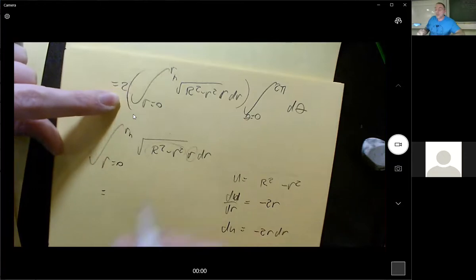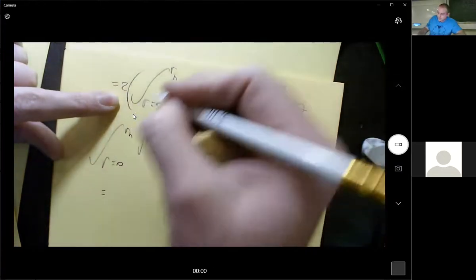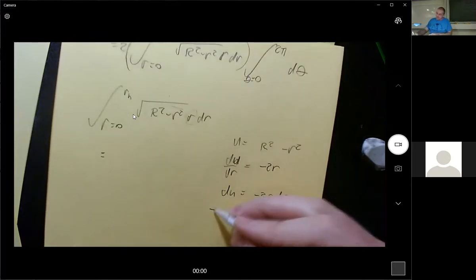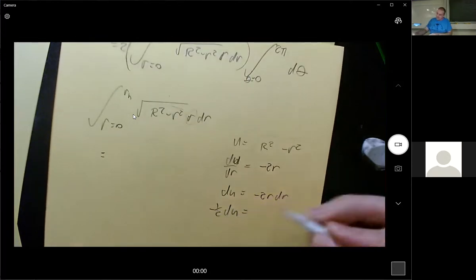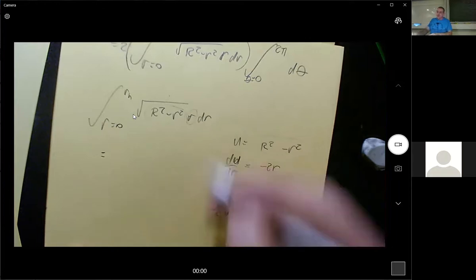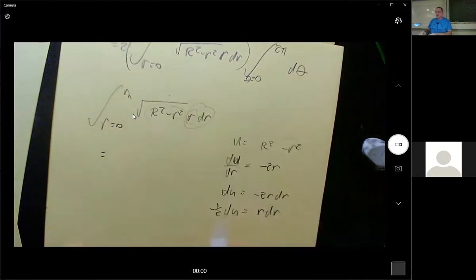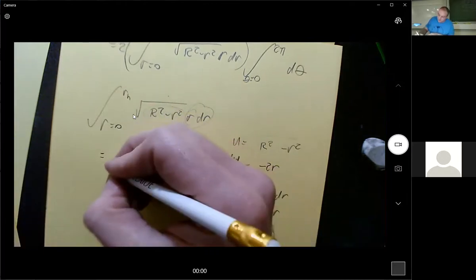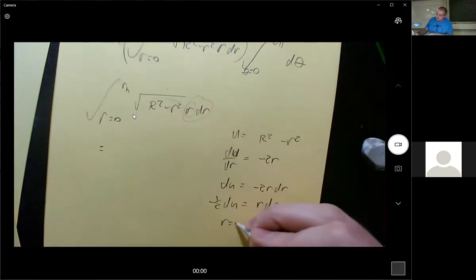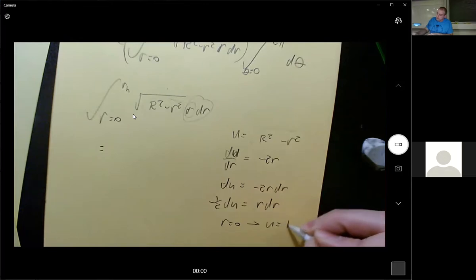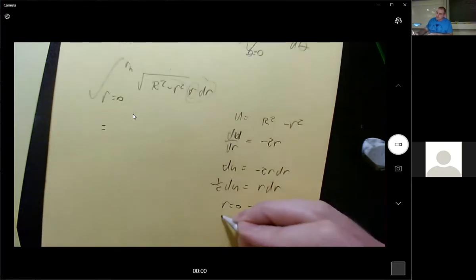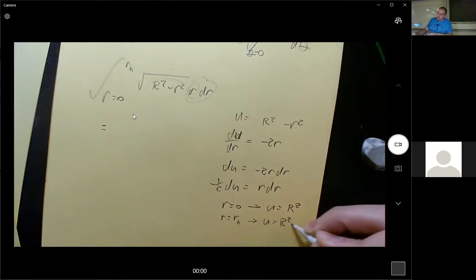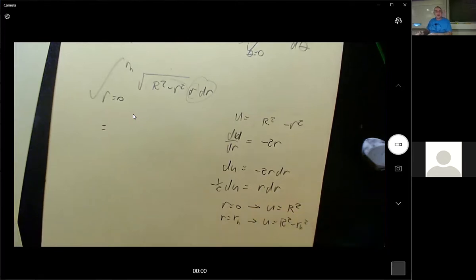Yeah. No, I won't. I'm just going to deal with it. So I can see the r dr is minus a half of du. This is root u. And r equals 0 would mean that the u would be r squared. And r equals rh would mean that the u would be whatever r squared minus rh squared is.